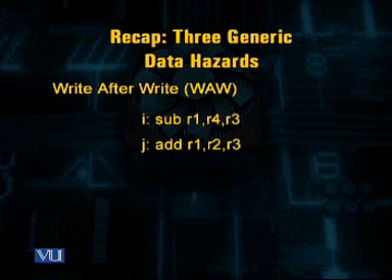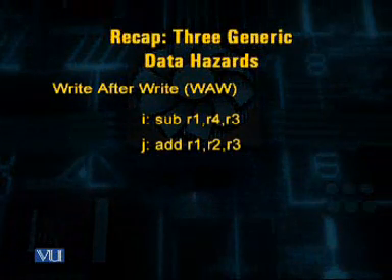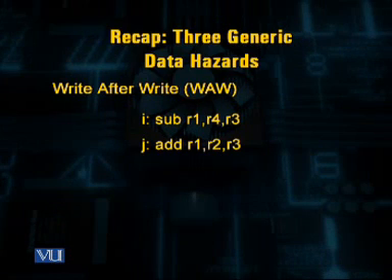The third situation exists when instruction J tries to write an operand before instruction I writes it. This type of hazard is known as write after write hazard, and it is also known as the output dependence. Here you can see it from this example, where the ith instruction is to subtract R3 from R4 and write the result in R1.